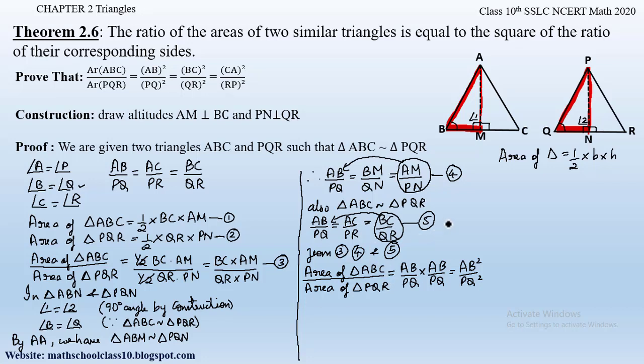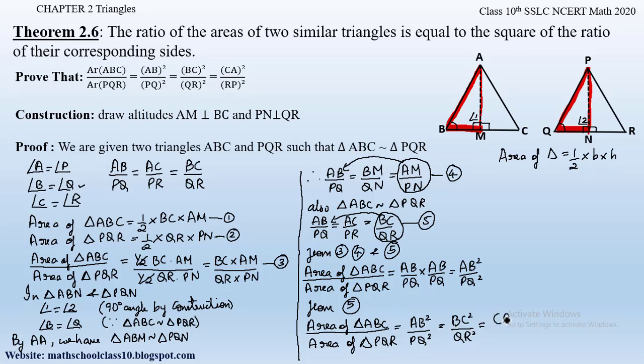So similarly, from equation 5, we can write area of triangle ABC divided by area of triangle PQR will be equal to AB square divided by PQ square, that is equal to BC square by QR square, and that is equal to CA square by RP square. So this is how we have proved this theorem.